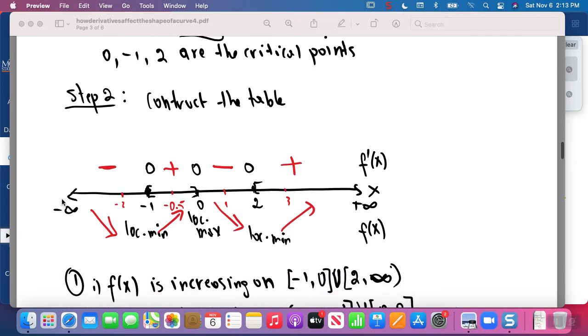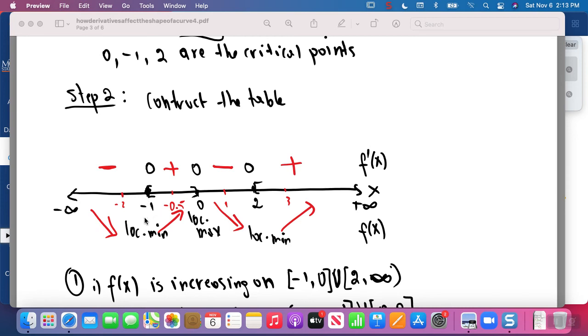So based on this table, we will determine where the local maximum and local minimum are. We use the first derivative test to say that the first derivative is changing sign from negative to positive at x equals -1.